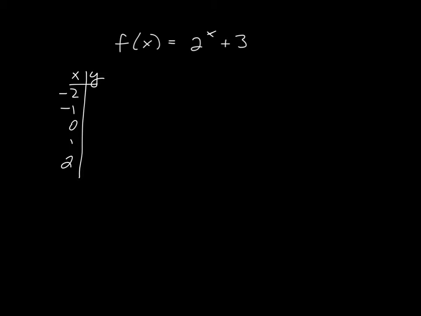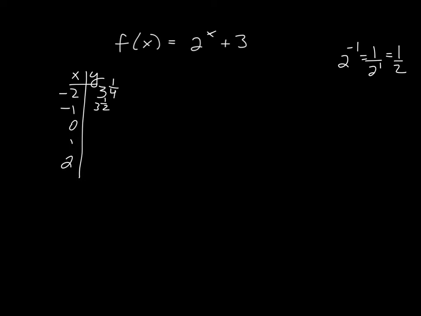I don't like the way those fractions look, but yeah, it might be the most helpful way to think of this right now. So that's 3 1/4. If I were to put a -1 in there, this is 1/2. Let me remind you again, I'll do it over the side. That's 2 to the -1 is 1 over 2 to the +1, which is 1/2. But then it's +3. So it's 3 1/2.